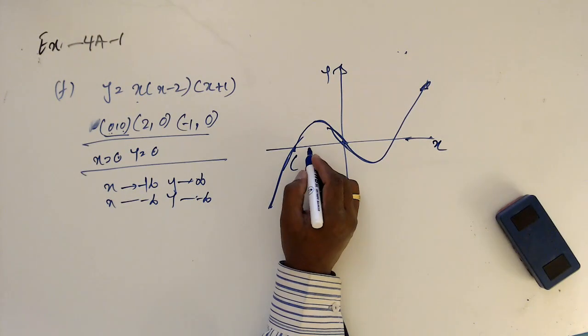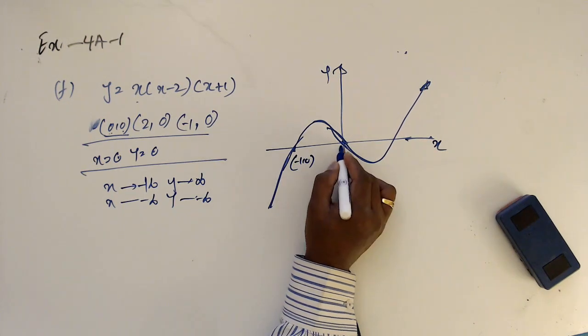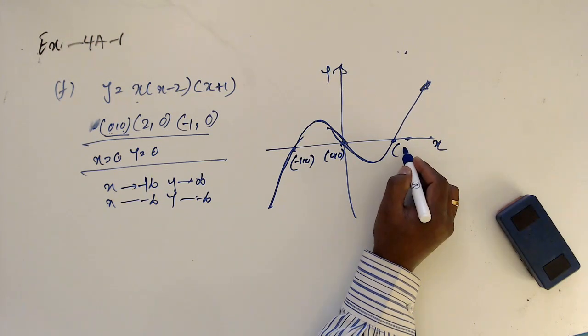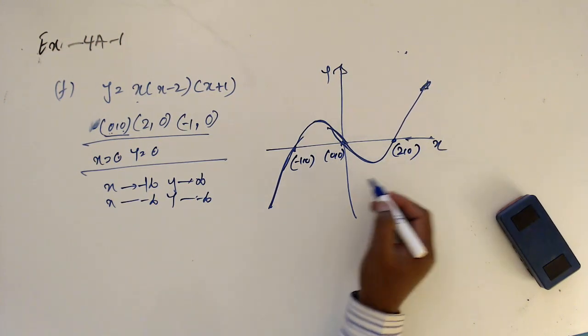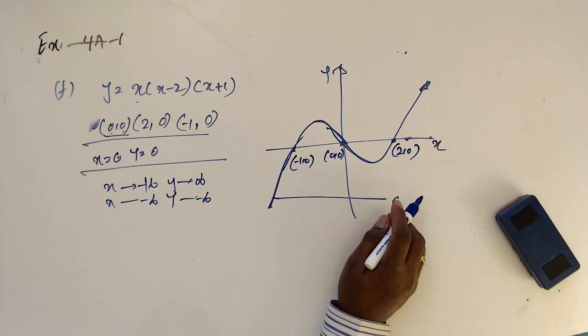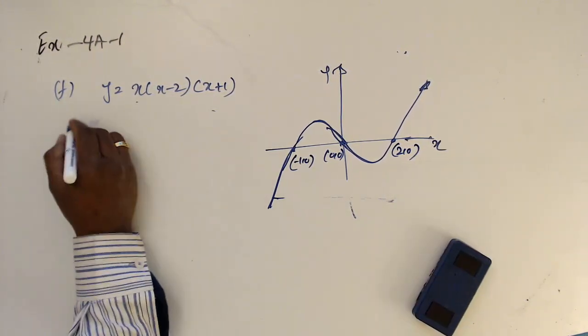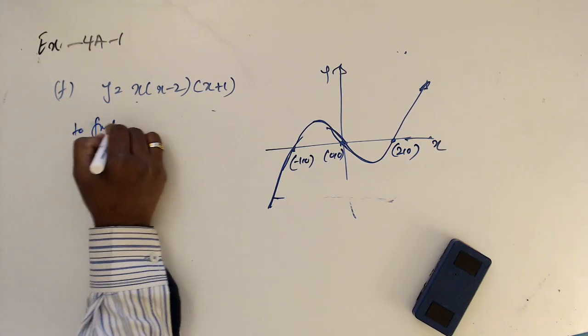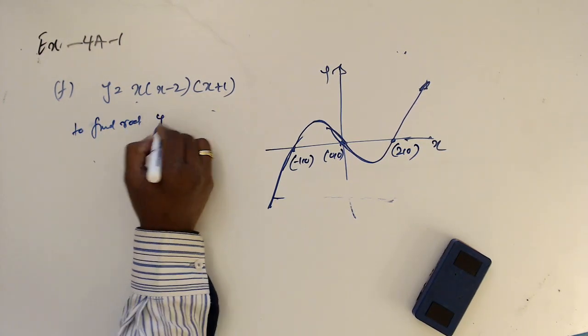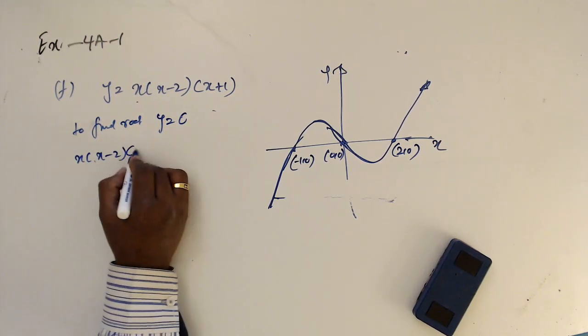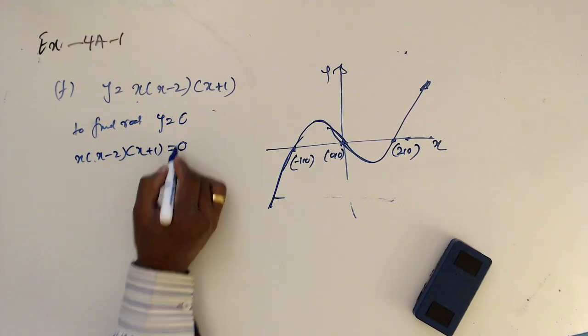This is minus 1, 0, this is 0, 0, and this is 2, 0, and that's all. To find roots, y equals 0, then x times x minus 2, x plus 1 equals 0.